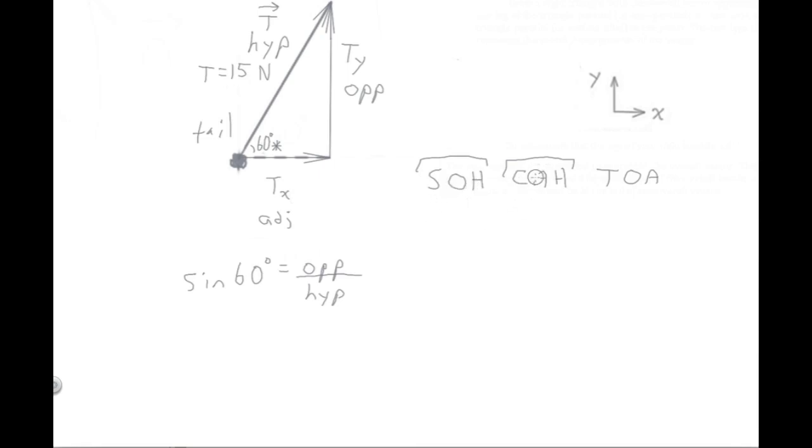And this memory aid tells us that the cosine of the angle that we're focusing on equals the length of the adjacent side divided by the length of the hypotenuse. CAH stands for cosine equals adjacent over hypotenuse. Make sure you include the angle. Without the angle, the equation would be meaningless. And now we can start plugging in.